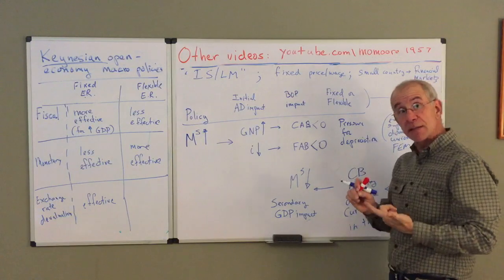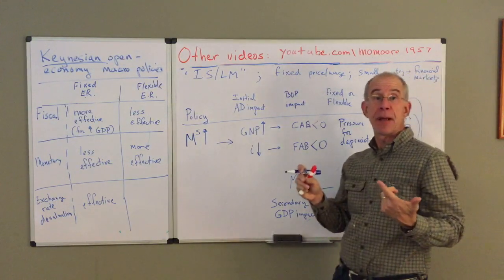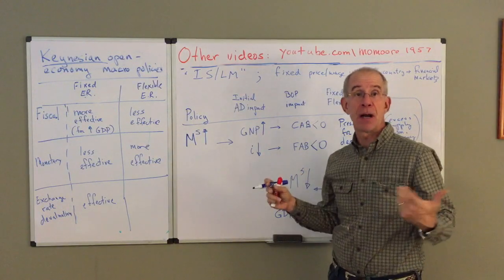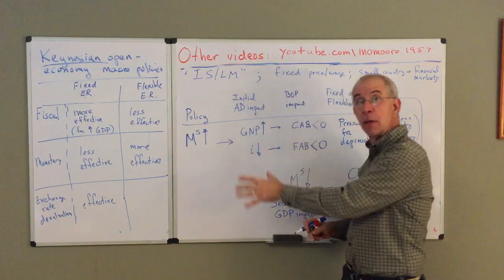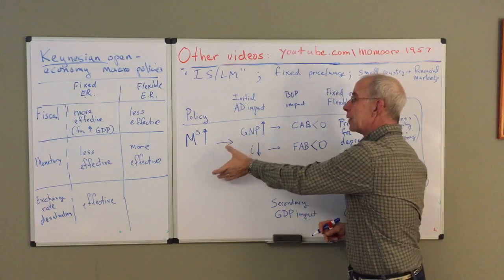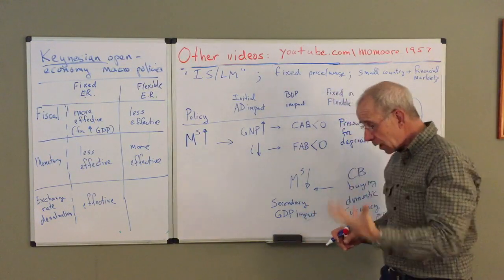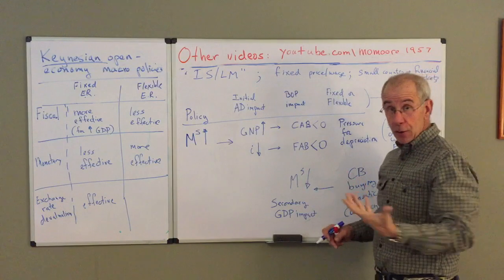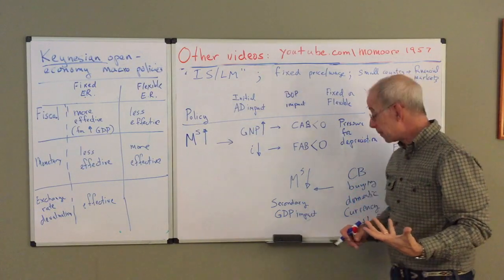So if you want to tie the hands of a central bank, let's say that you're a country where the central bank has pursued inflationary policies in the past, and you want to tie their hands, fix the exchange rate. Fix the exchange rate, and they will not be able to have an independent monetary policy. So that is either a good thing or a bad thing, depending on whether or not you want monetary policy to play a role.